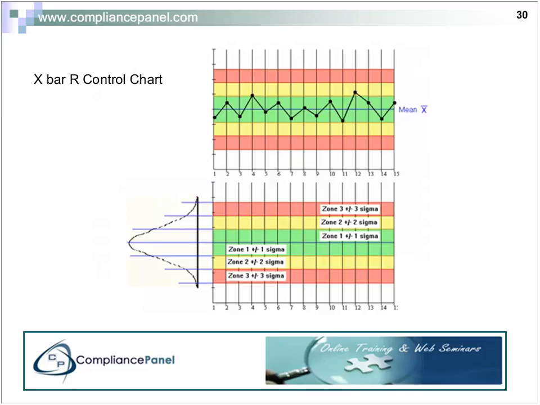Okay, X-bar and R charts, SPC charts look something like this, and that's a tool that we use to measure the results of our process once we have it under control. We've established the OQ, and we now operate the process, and we attempt to stay in the green zone in our production process because that's producing good product. This is the red distribution if we're in the green zone there.